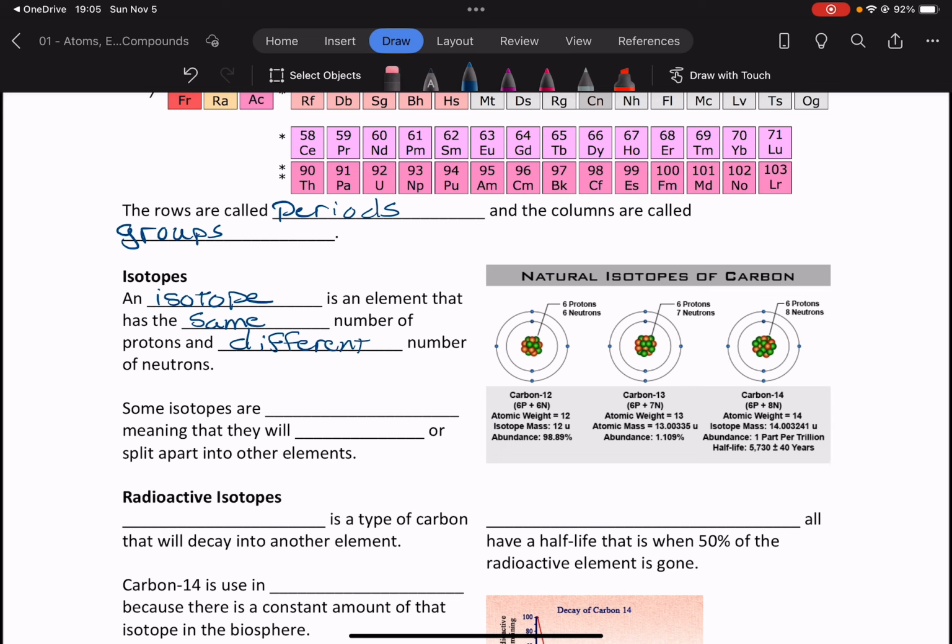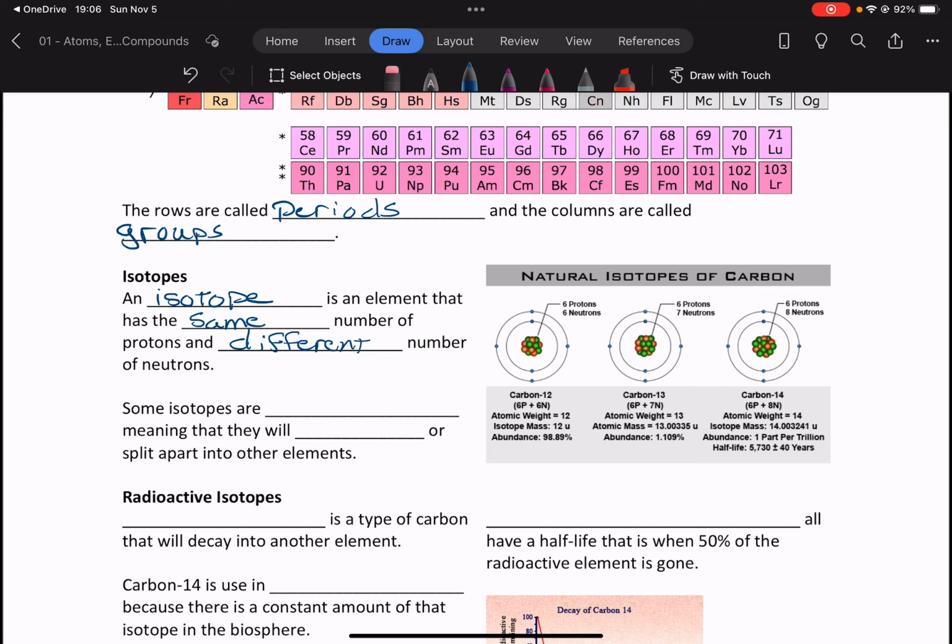Then the next one up, carbon 13: the protons don't change, but the neutrons do. I go from 6 to 7 neutrons, whereas carbon 14 will have 8.